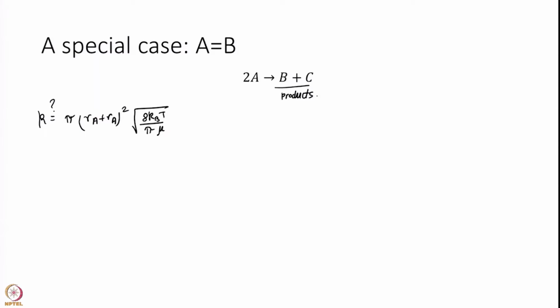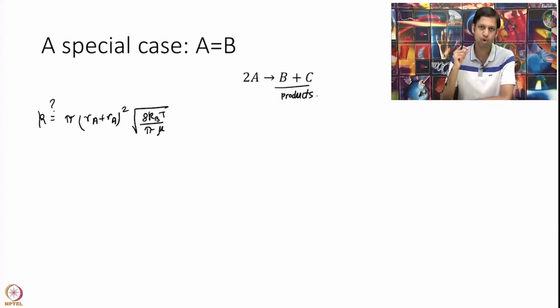Actually the answer is no, there is a little bit of a trick here. So, let us go back to the basics. What are we calculating? We are calculating the average number of collisions happening per unit time per unit volume, that is a definition of rate.